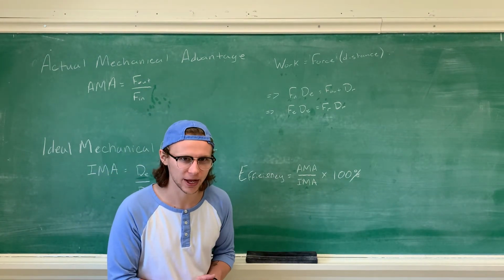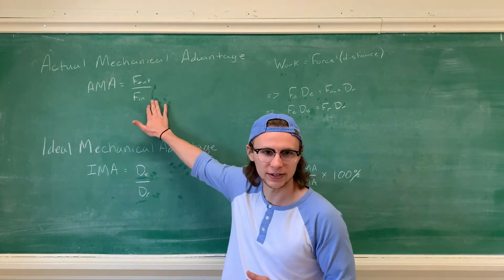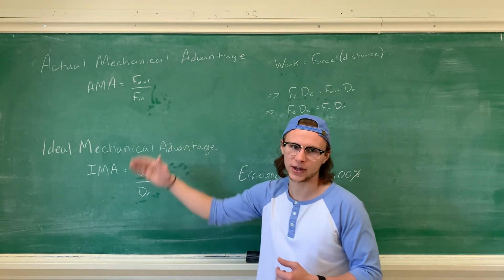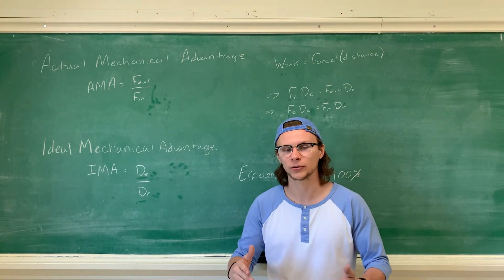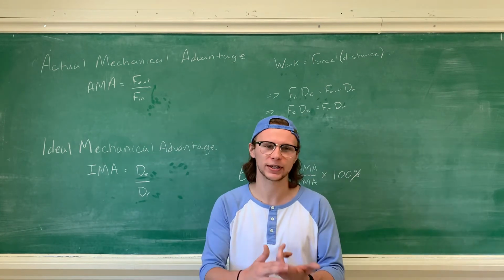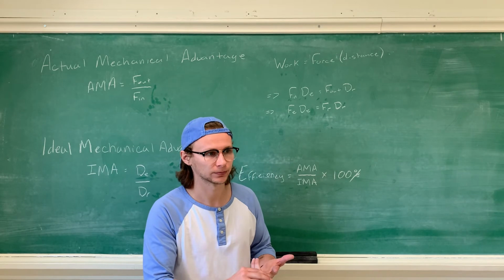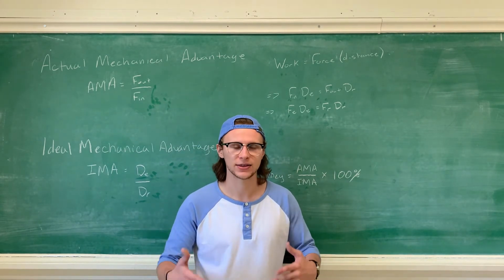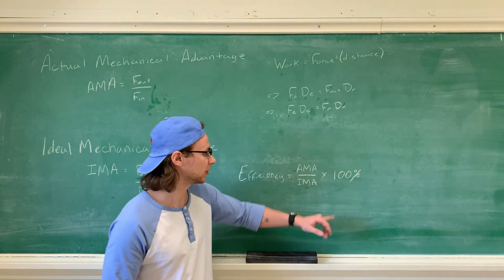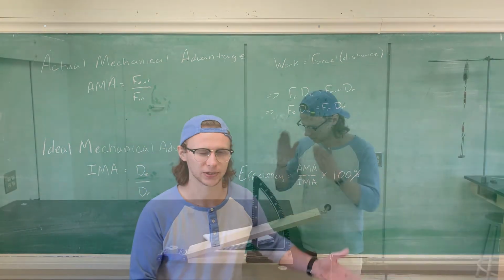The reason why your AMA value is going to be lower is because our AMA is dealing with forces, and with forces there is also this force called frictional force. Work can get lost through friction, work can get lost through heat, so there's always going to be some type of loss in the system that will make the system not 100%, but just a little bit lower.